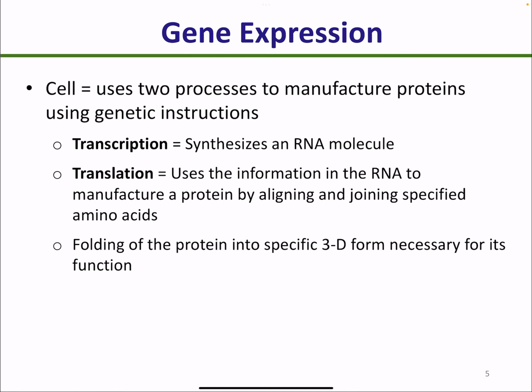All right. So, what do we call gene expression? Gene expression is basically the process by which we go from DNA to protein. The cell is going to use two processes in order to produce proteins from the information that is contained in DNA.